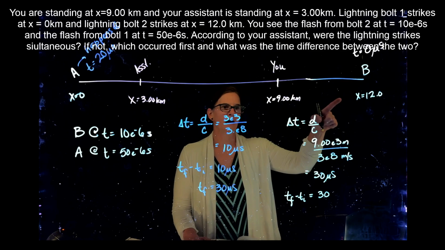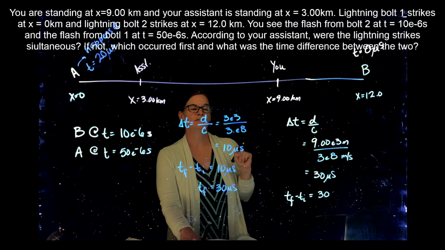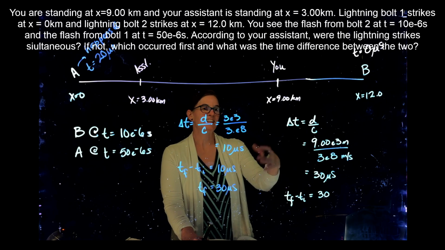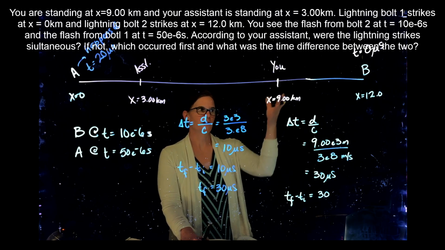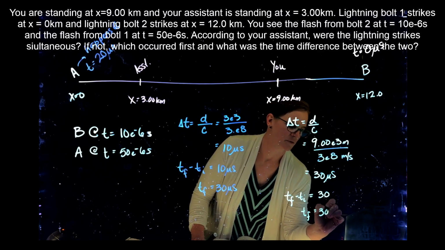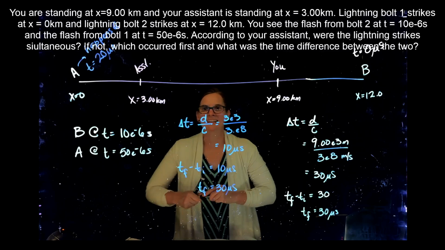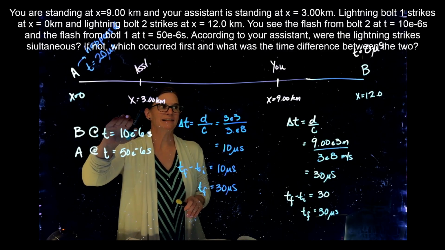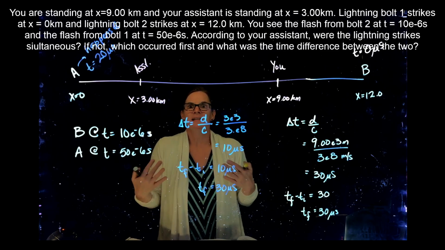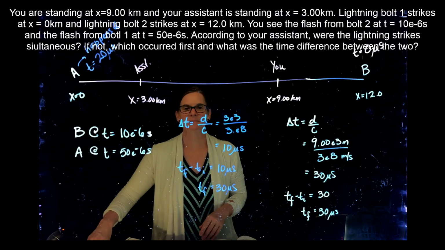Based on the timing information we had from you, we know that the initial time for lightning strike B was 0. So T final is equal to 30 microseconds. So the assistant sees A and B at the exact same time.